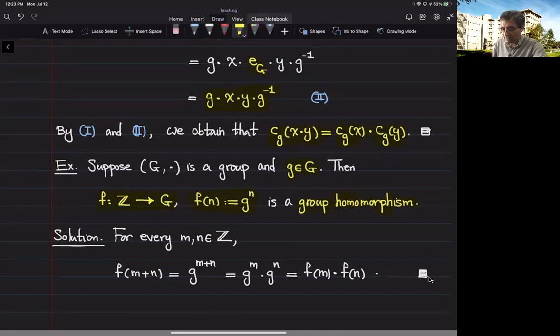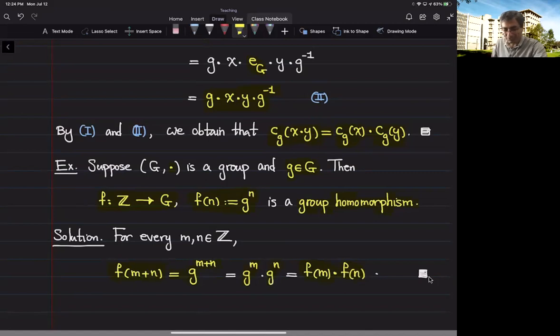So let's see, what do I mean? Here the operation is addition. Here the operation is denoted by dot or multiplication. Then I need to show that f of m plus n is f of m times f of n. This is what I need to show in order to deduce that f is a group homomorphism. By definition, f of m plus n is g to the power m plus n. f of m is g to the power m, f of n is g to the power n.